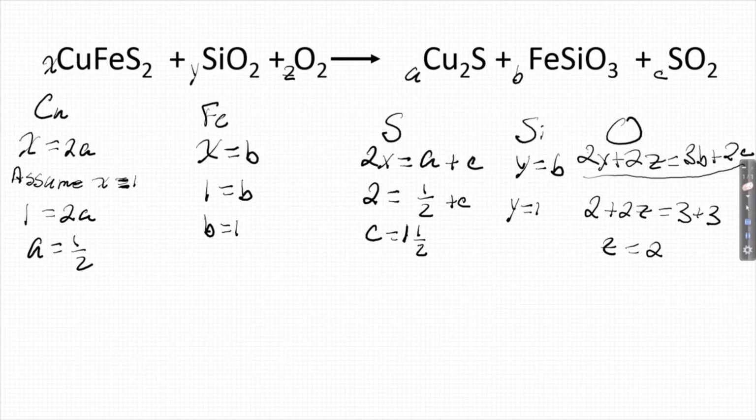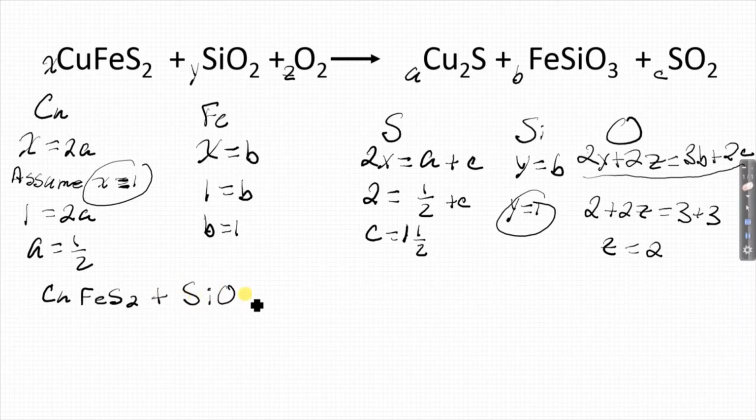Okay, so now we're one step closer to solving our equation. So we know X is 1, so we can say CuFeS2, okay, because we know X is 1. We know what Y is, okay. And where did I find Y? Y equals 1, plus SiO2. And we know that Z is 2.